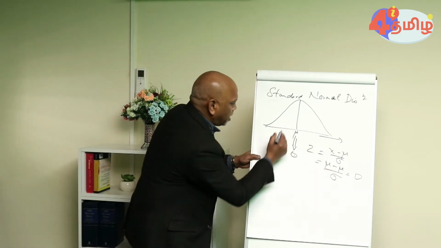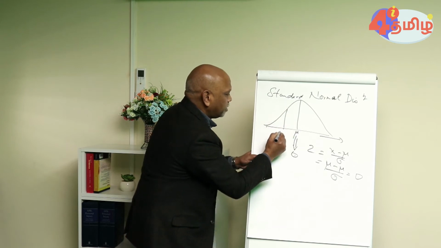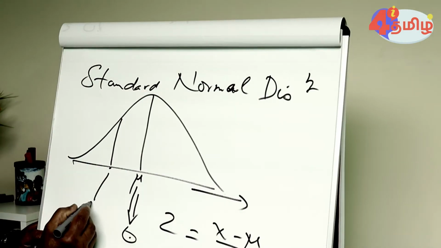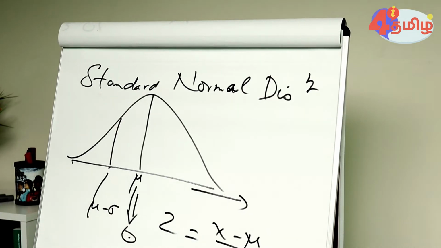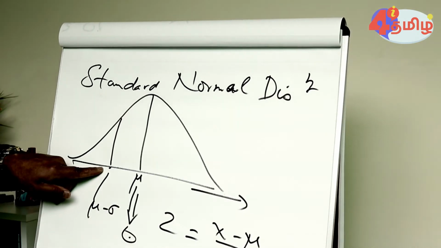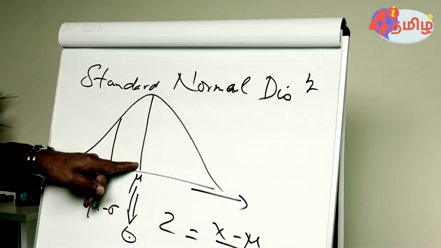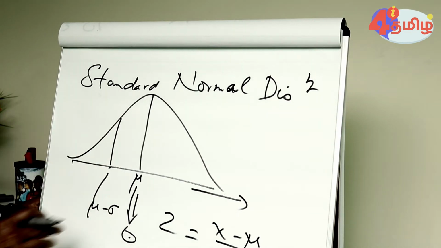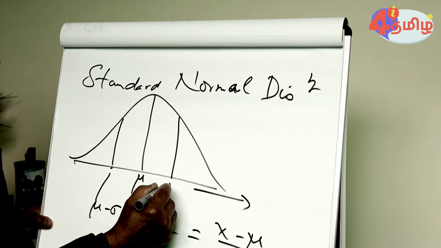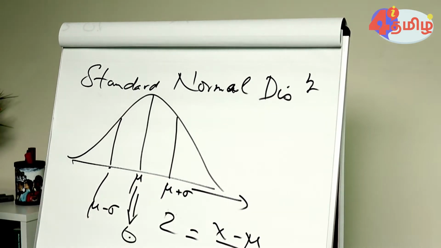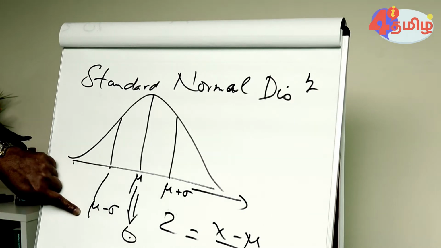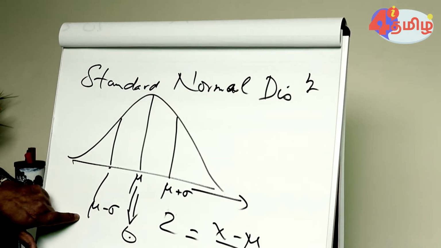And then, for example, 1 standard deviation, which is what? Mu minus sigma. So if that is the x value at this particular point, which is 1 standard deviation on the left-hand side, and if you go to the other side, 1 standard deviation on the right-hand side, then this is the normal distribution value, the x value.